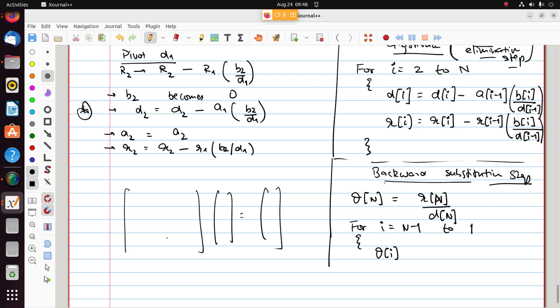In the second last row, row n minus 1, you are solving for theta n minus 1. You have a diagonal term dn minus 1, an above diagonal term an minus 1, and a corresponding rn minus 1. So the equation is dn minus 1 times theta n minus 1 plus an minus 1 times theta n is equal to rn minus 1.